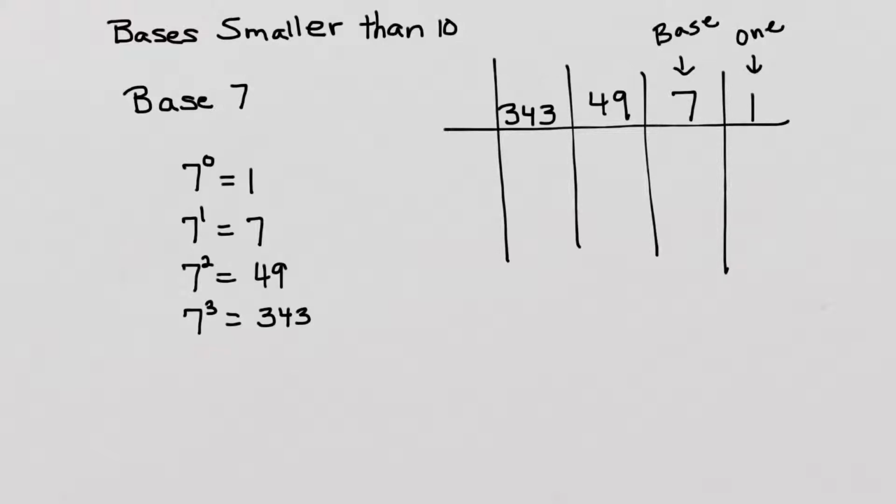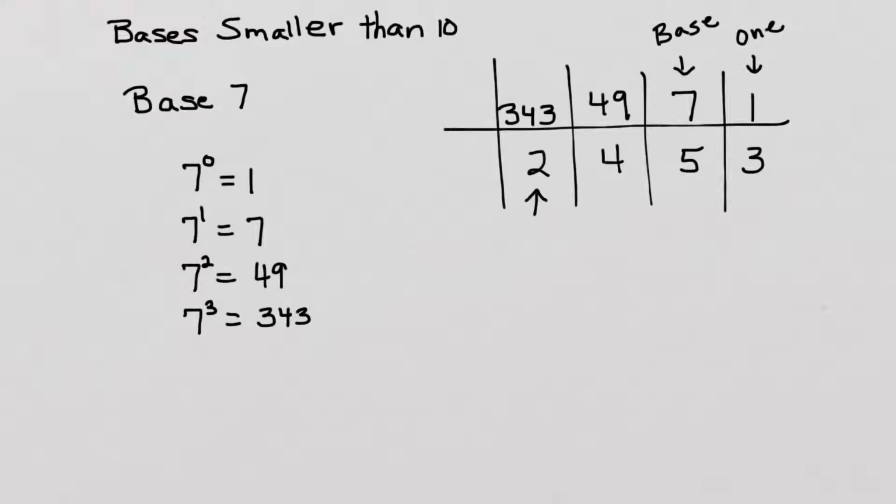So suppose now that I wanted to work with a number that is in base 7. So I want to work with the number 2, 4, 5, 3. Now notice I stopped for a second there. I was trying to be really careful.